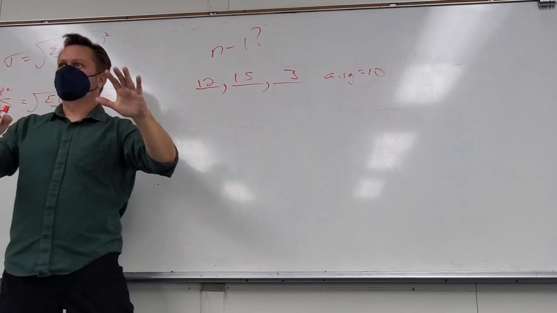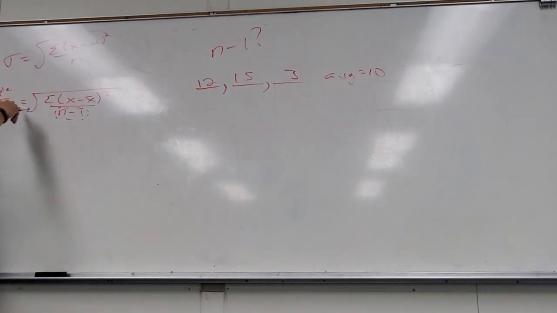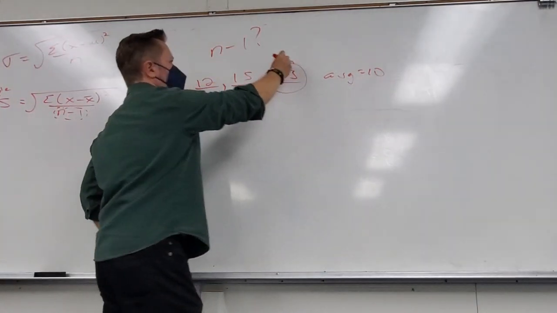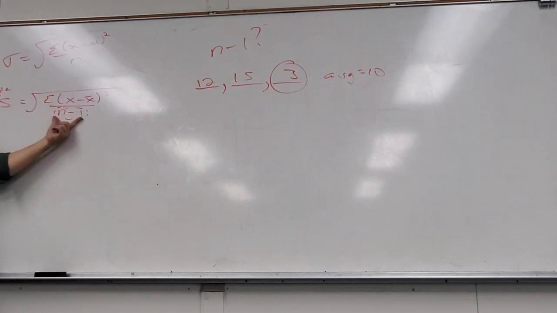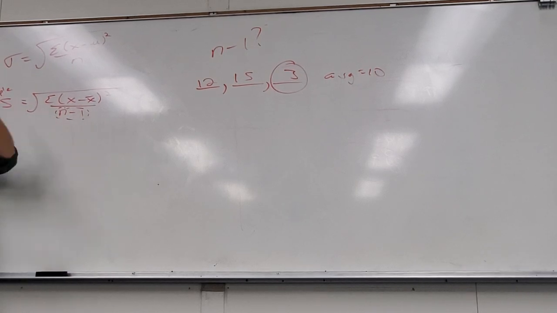So, with a sample, we assume the one data point we don't know is the one that would make the mean the same as the population mean. So effectively I'm saying I have 1 less data point than I need. That's why we divide by n-1, because there's 1 data point we don't know. It's the one that would be the perfect one, the one that would make the means match up.